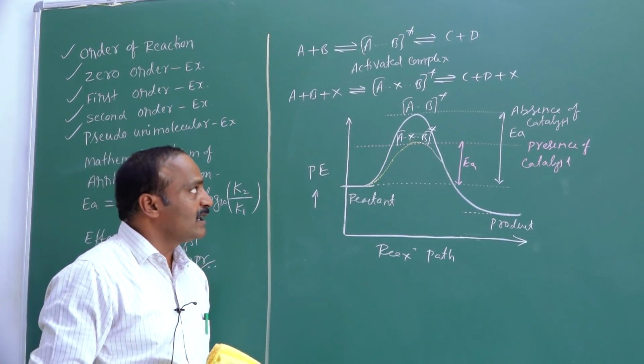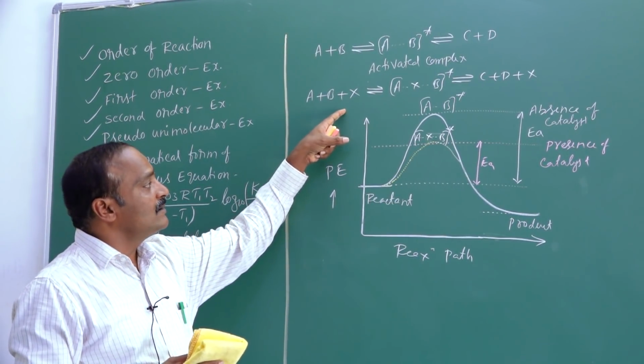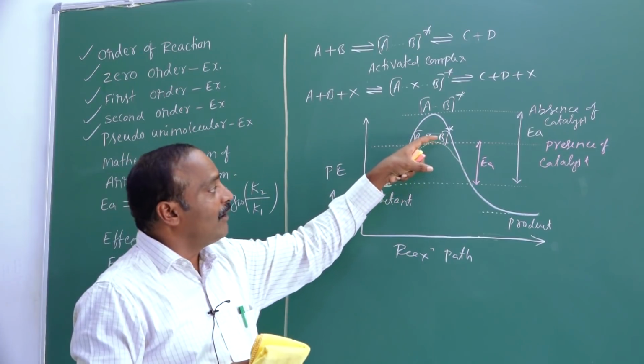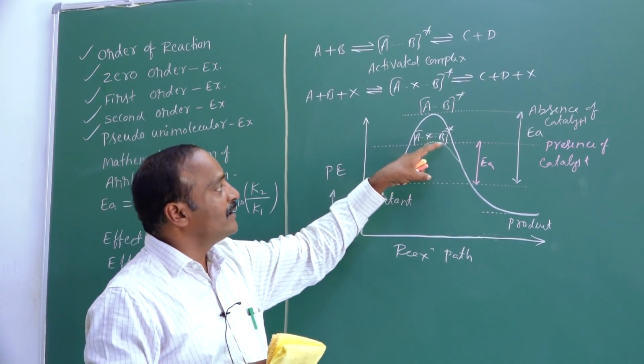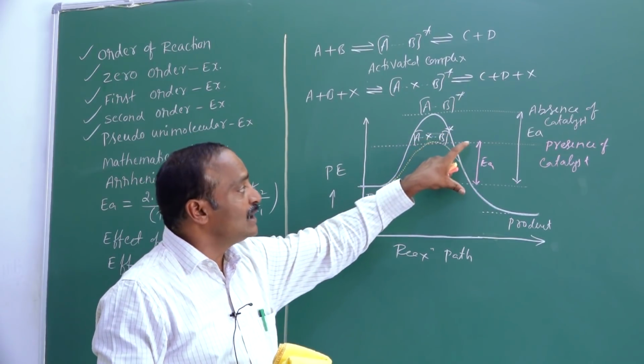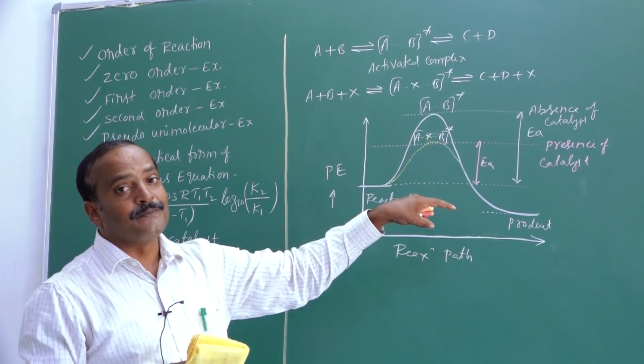Consider a reaction occurs in the presence of positive catalyst X. The reaction takes place by an alternate path and a new activated complex A...X...B star is formed, which has a lower activation energy, and the reaction occurs fast.